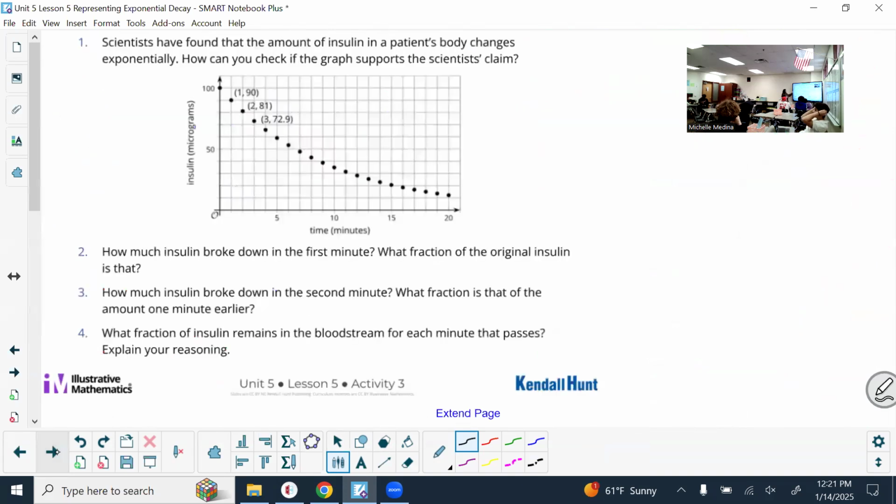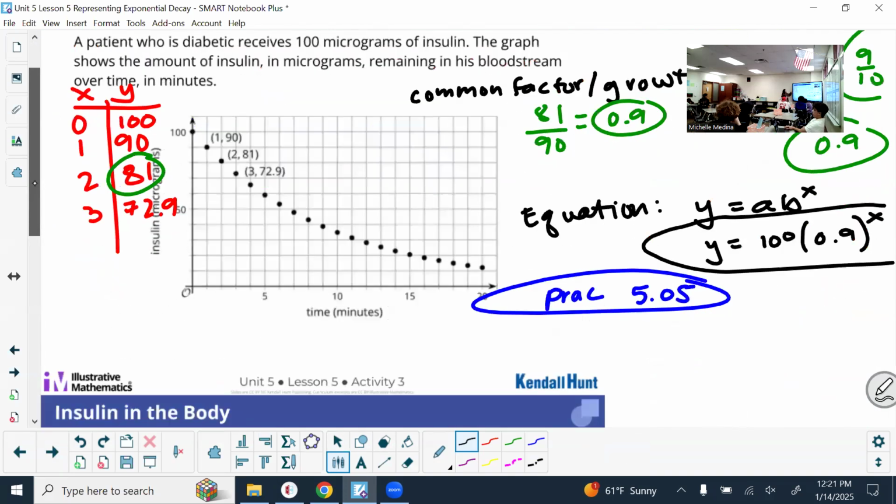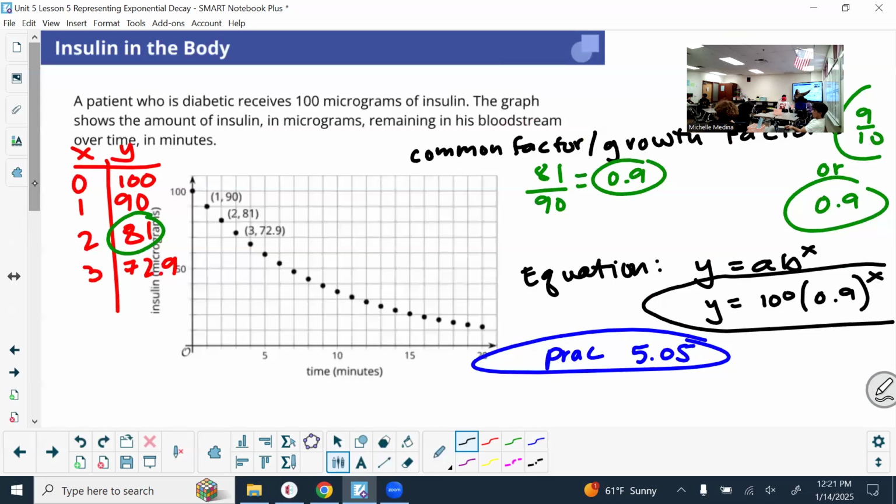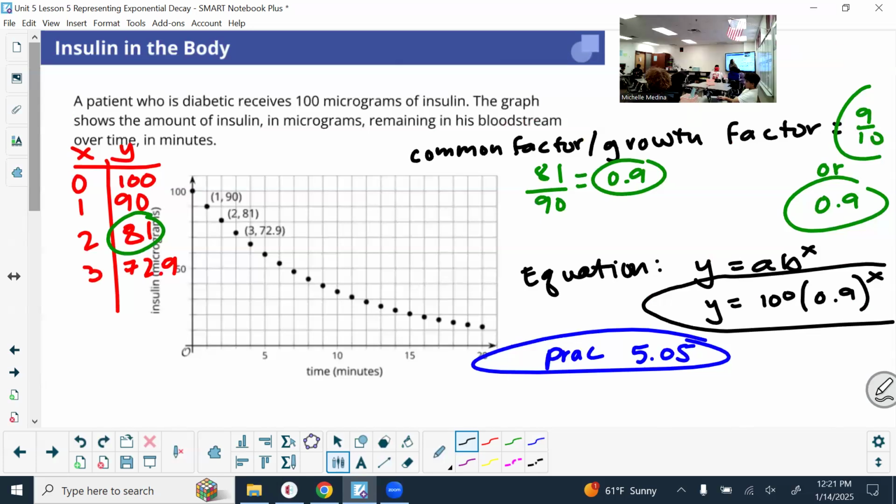And then we looked at this problem and identified what our growth factor was, which is really not that different from the table. If you don't like looking at it graphed, make the table. This is the table that goes with this graph. Coordinates go in the order x, y on the table. If it's not clear what you're multiplying by each time, take one of the numbers and divide it by its previous number.